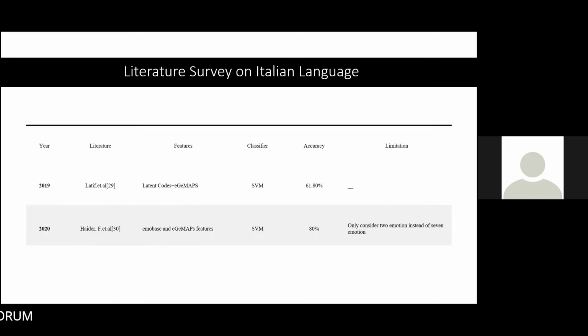For the Italian language, there are two works: Latif and Haidar. They also worked with features like Latin code and eGeMAPS, used an SVM classifier, and got accuracy, but our approach is much better than these two for Italian as well.